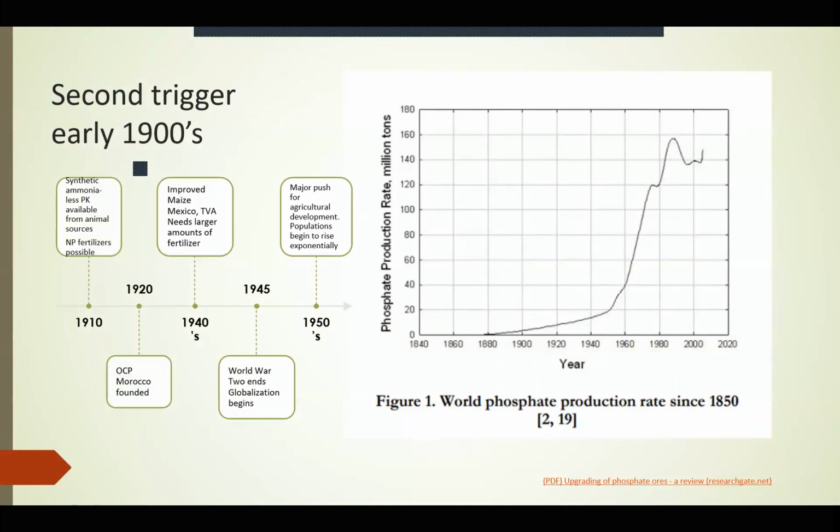The second trigger for development of the phosphates, synthetic ammonia, all right, the Haber-Bosch process, it actually starts in about 1910. Okay, so this has two effects.